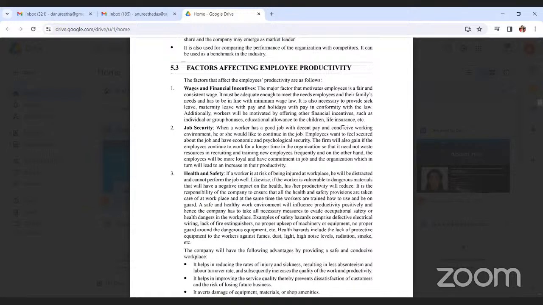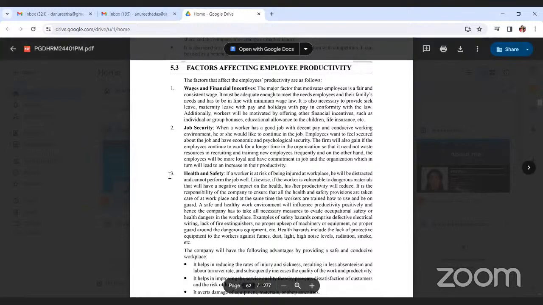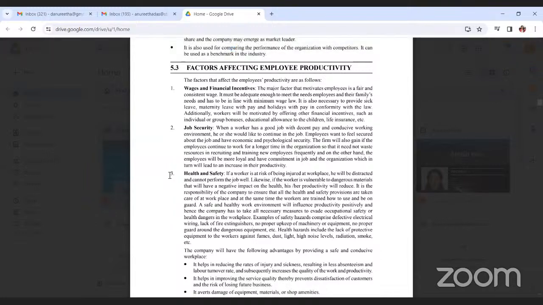The next is job security. When a worker has a good job with decent pay and conducive work environment, he or she will continue. See, environment also matters a lot. With what kind of environment are we working, for psychological and economic working conditions?